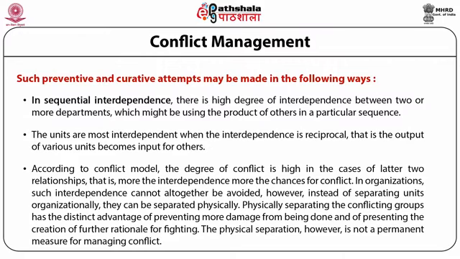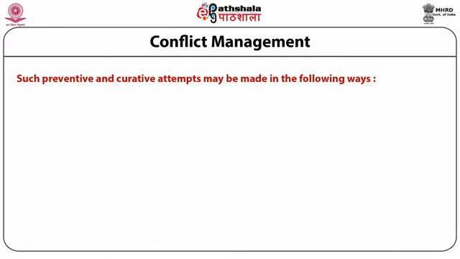Physically separated, the conflicting groups have the distinct advantage of preventing more damage from being done and of preventing the creation of further rationale for fighting. The physical separation, however, is not a permanent measure for managing conflict.